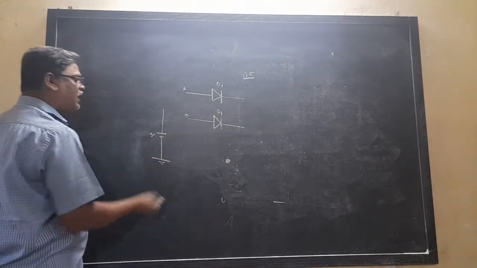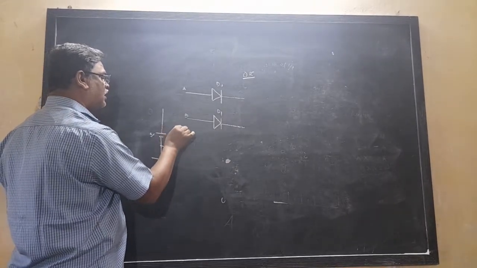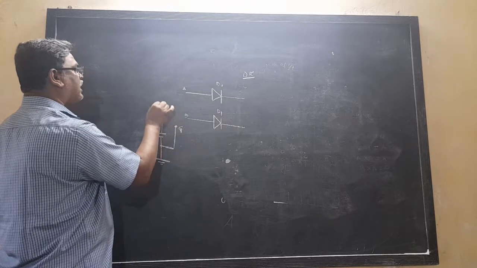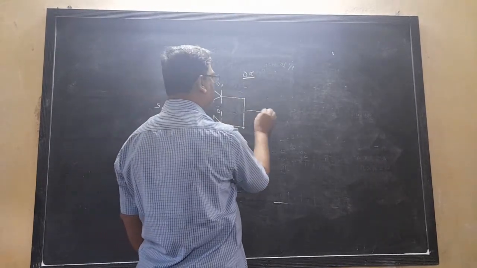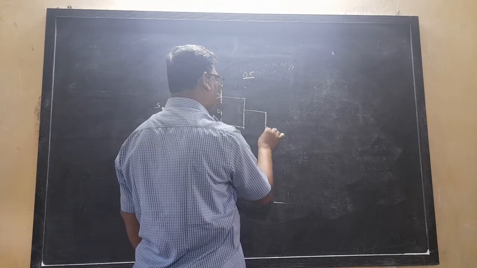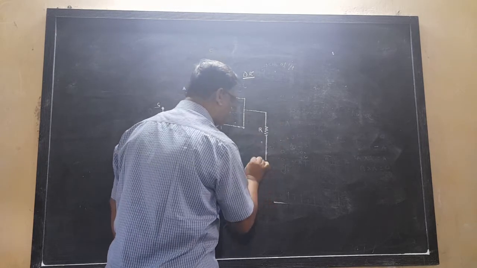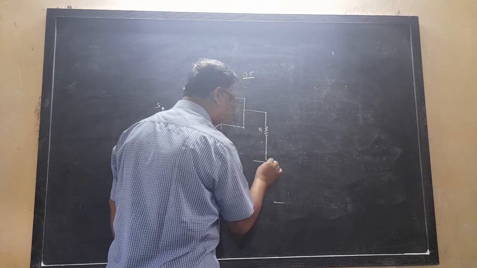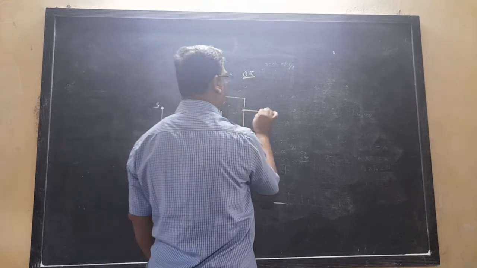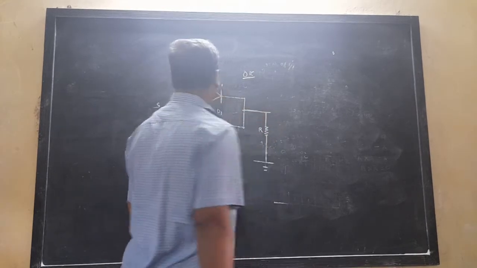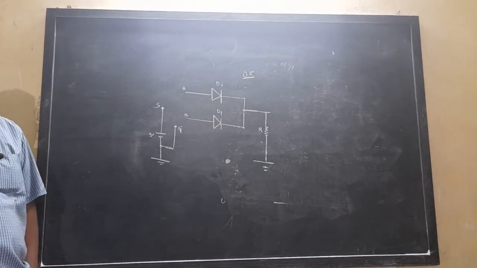This is the symbol of ground. Then on this side we use R, which is connected to this ground. Clear? So this is the equivalent circuit of the OR gate, the electronic OR gate.